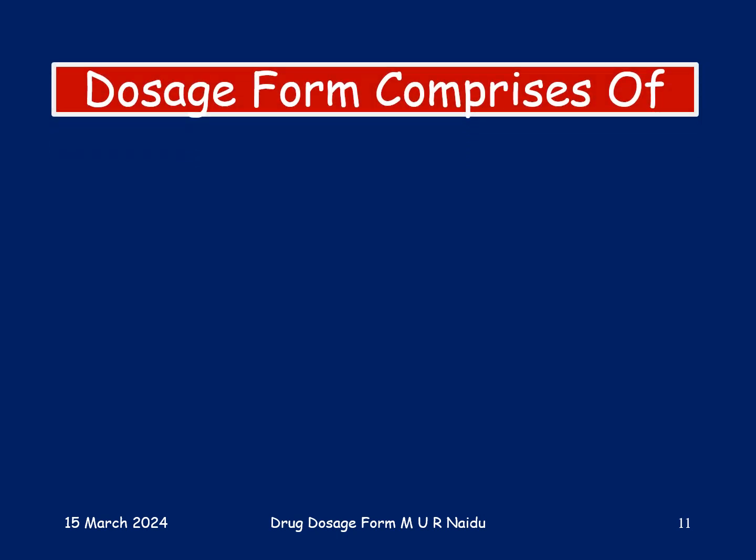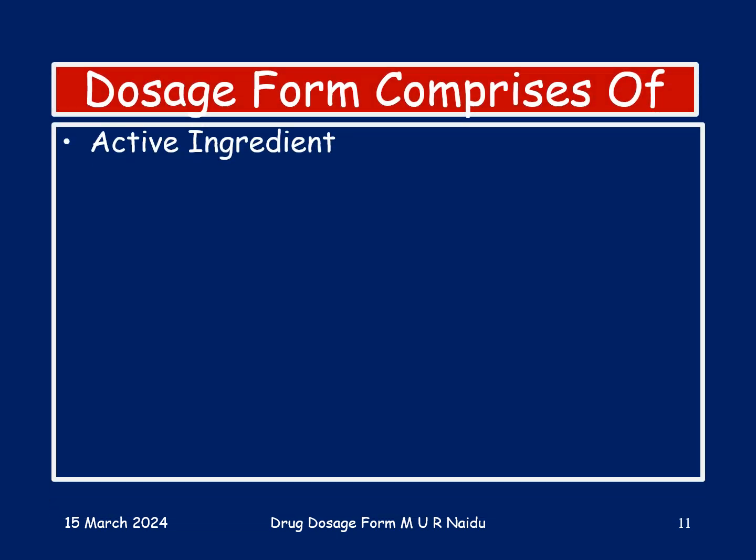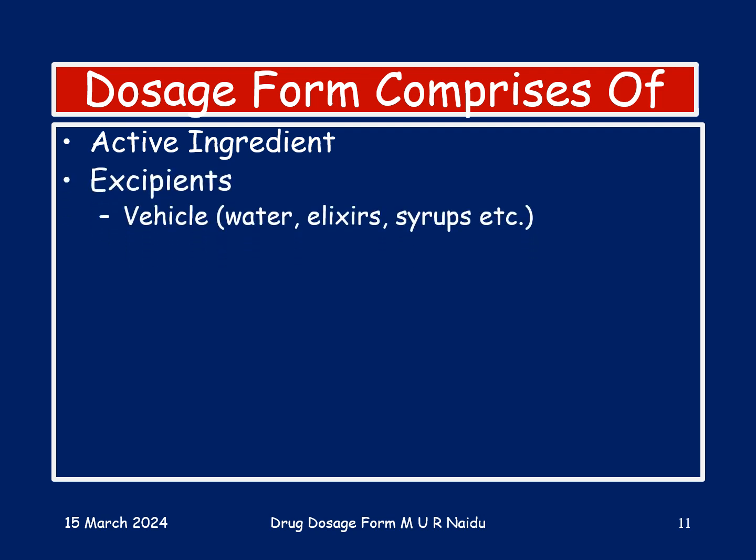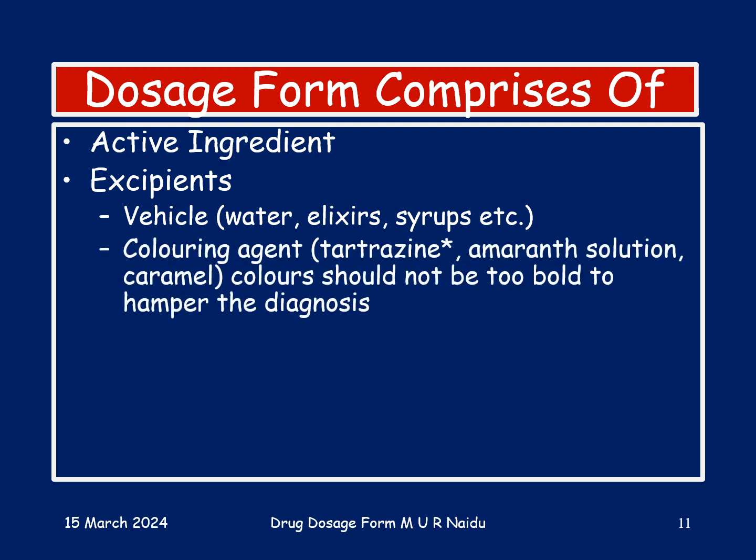A dosage form comprises the active ingredient and excipients, like vehicle, which may be water, elixir, syrup, etc. Coloring agents, tartrazine, caramel; colors should not be too bold to hamper the diagnosis.